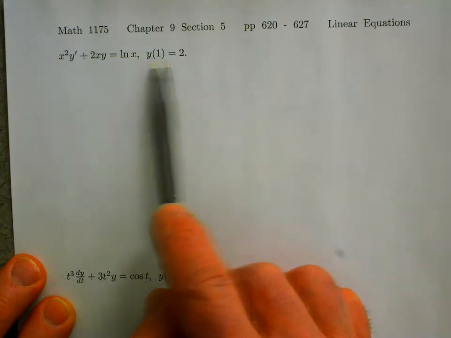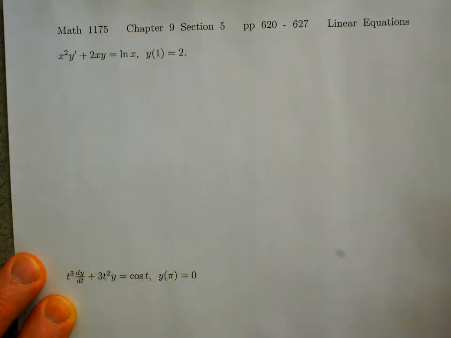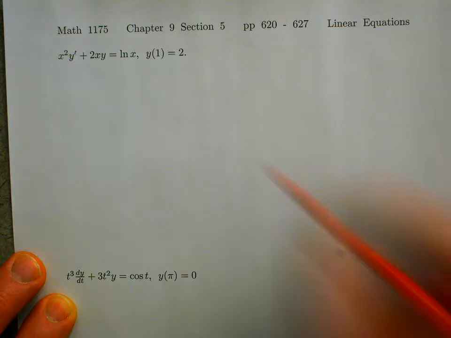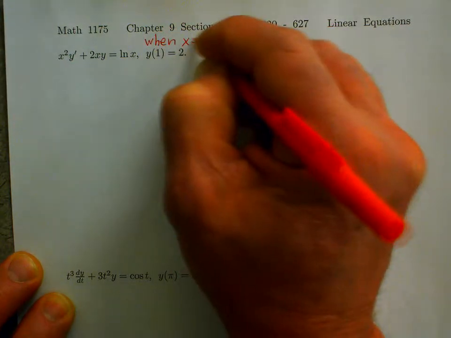So let's make sure we interpret y of 1 equals 2. What's another way of saying y of 1 equals 2? Yeah, when x equals 1, y equals 2. That's what that means.